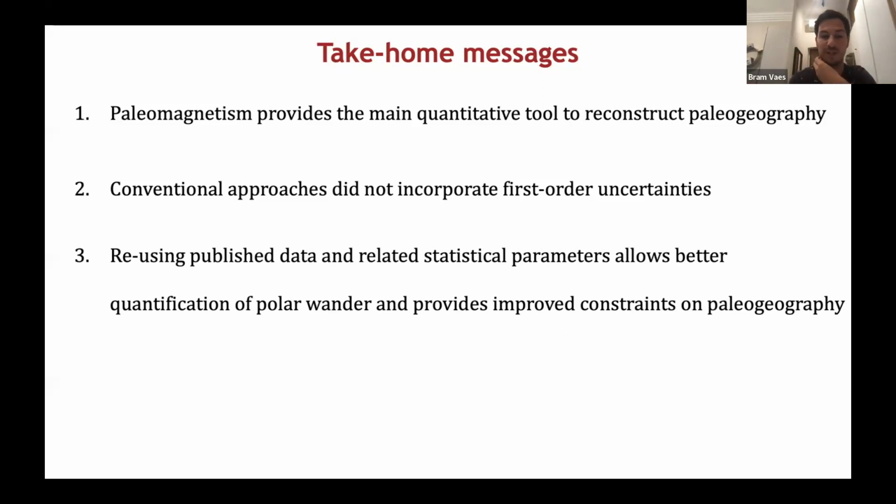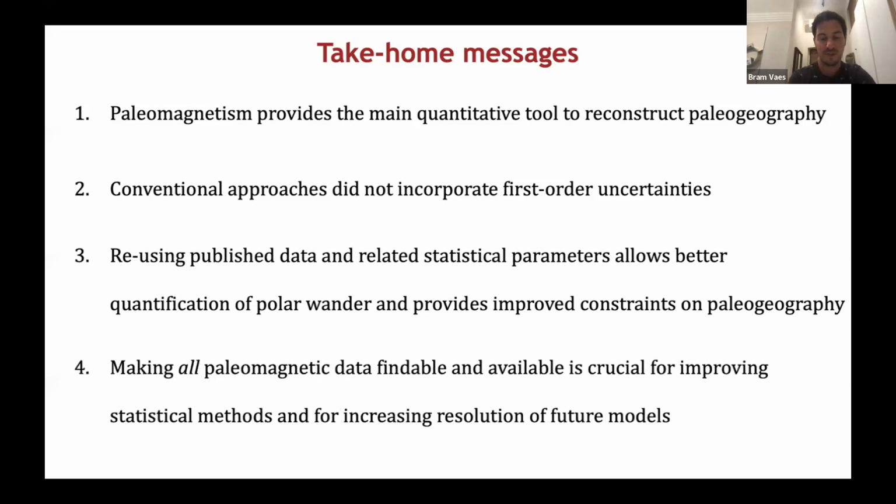And as I showed you, we can even go to a 10 times higher resolution than before by reusing these data and statistical parameters. So making all paleomagnetic data findable and available is crucial for improving these statistical methods and for increasing resolution of future models. So that's probably easier to do for any new data becoming available, but there's also a lot of work in adding existing data to these data infrastructures.